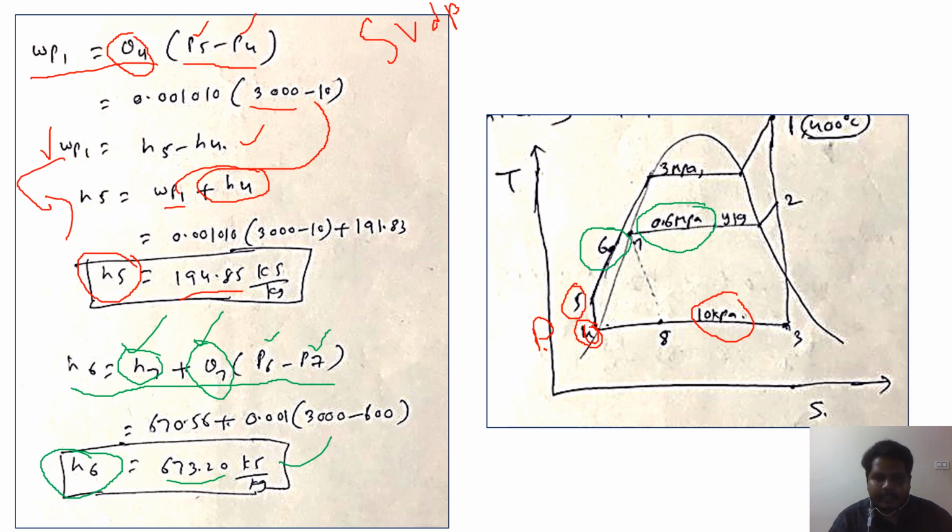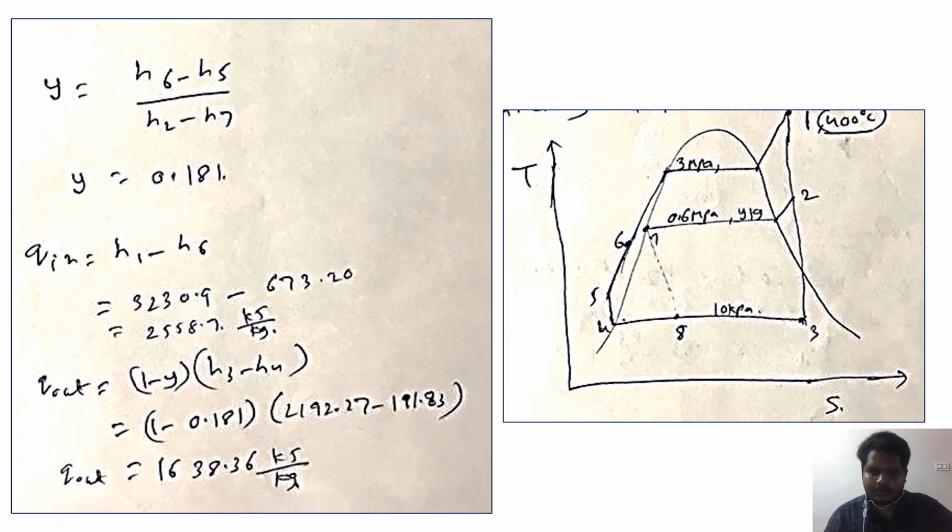Now we can find the steam extracted at point 2, and also we can find the thermal efficiency. Now we can find the extracted steam at point 2, that is y. y equals h6 minus h5 divided by h2 minus h7.